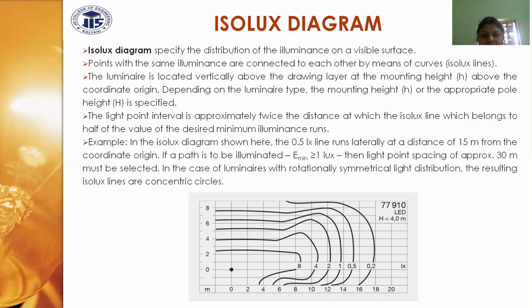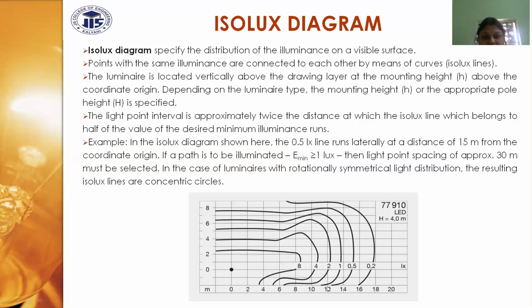Example, in the isolux diagram shown here, the 0.5 lux line runs laterally at a distance of 15 meters from the coordinate origin.